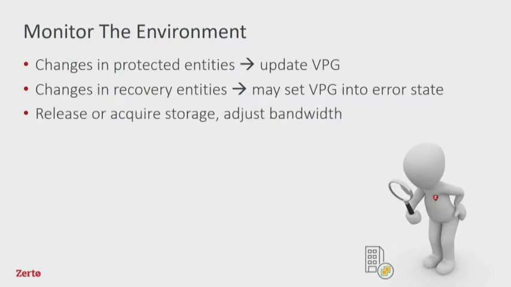Another thing that we do is that we release and acquire the storage, as I mentioned, but I also want to mention that you can set the quota of the bandwidth that we are using. And we continuously receive, I mean the ZVM receives, information on the traffic from the VRAs. We receive information on the replicated data and such statistics. The VRA sends it to the ZVM.